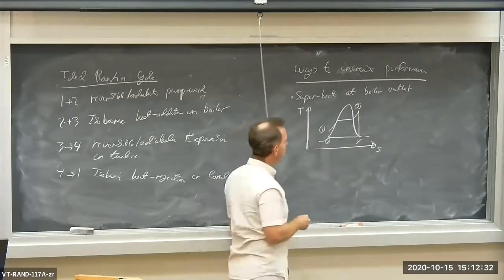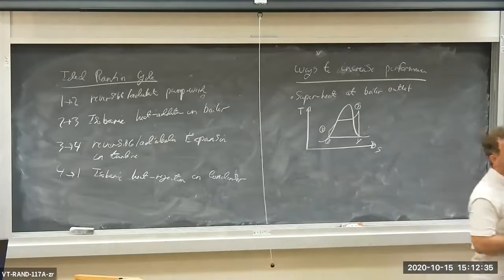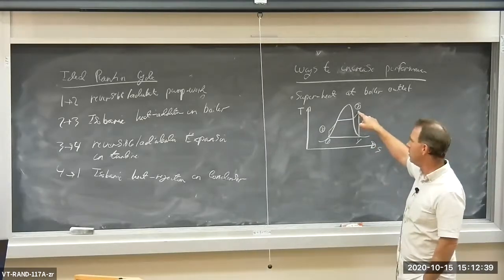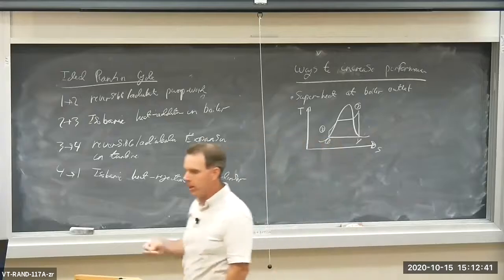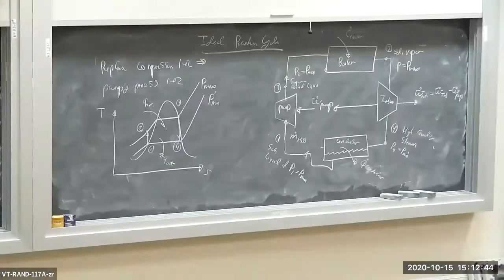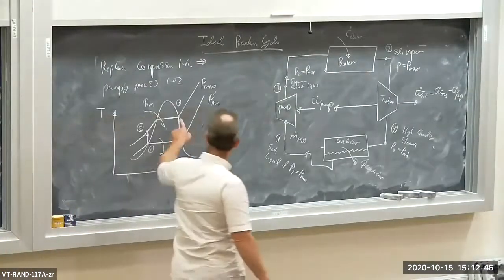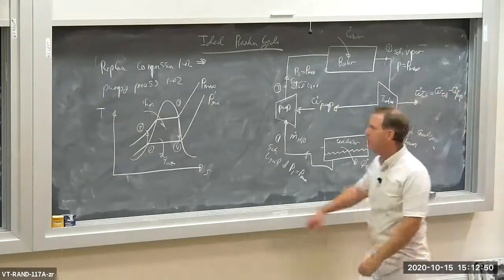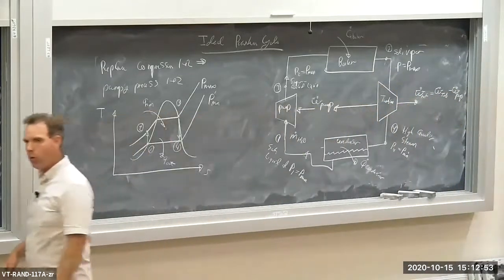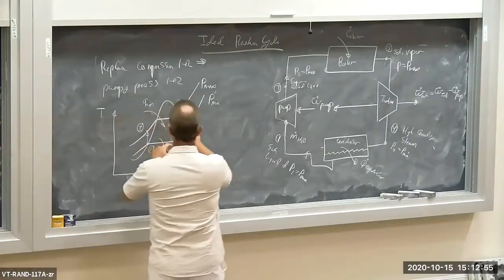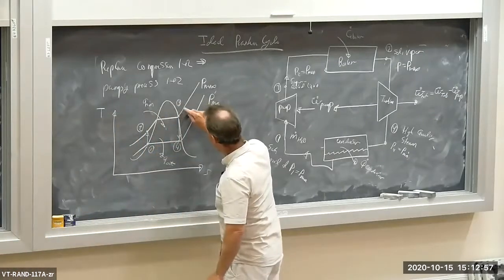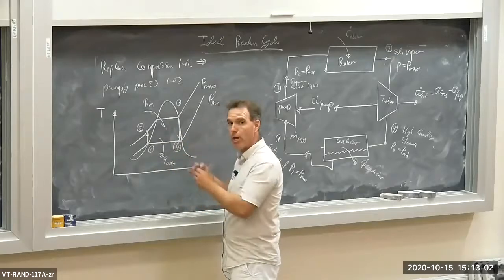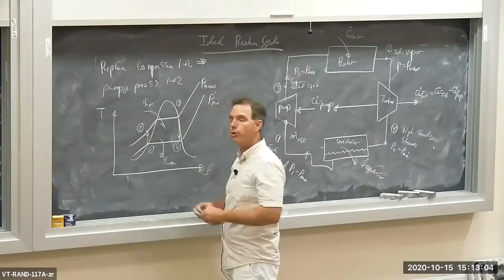So one way to increase specific work for the cycle is to superheat state 3, the boiler outlet. So add more heat in the boiler and force state 3 to be a superheated vapor. That's one way to increase the area. So as state 3 becomes more and more superheated, the area bound by the TS curve gets bigger and our specific work goes up for the cycle.